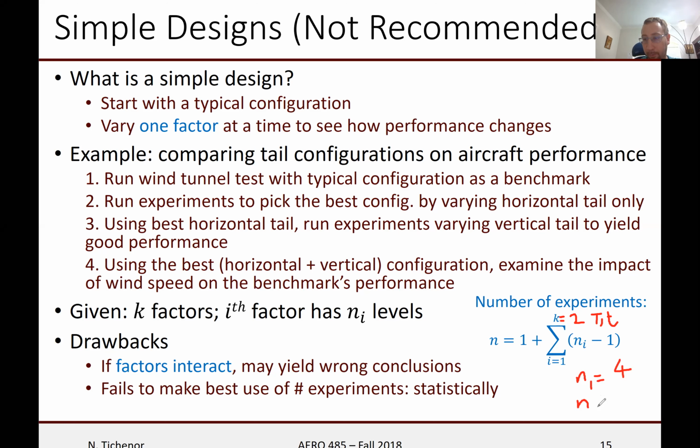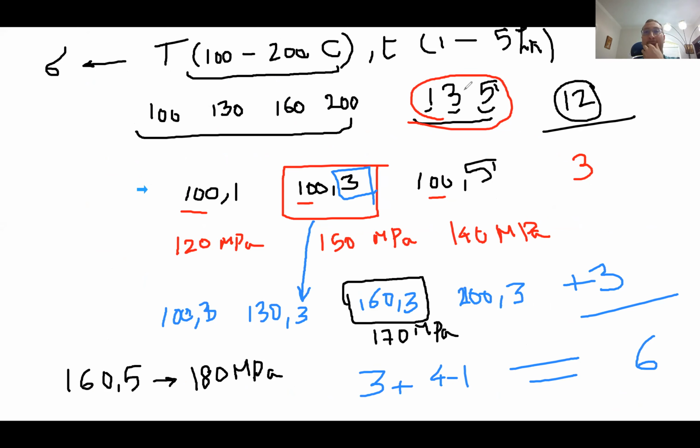In the other case, which was time, we had 3. So the sum from 1 to 2 of N minus 1 will be the 6 that we got before. In each case, N is the number of different levels of each factor that we consider. And level is nothing fancy here. These are 4 levels of temperature and 3 levels of time.